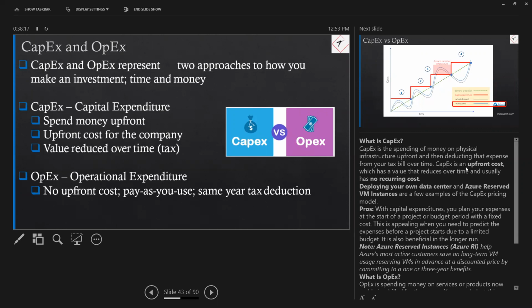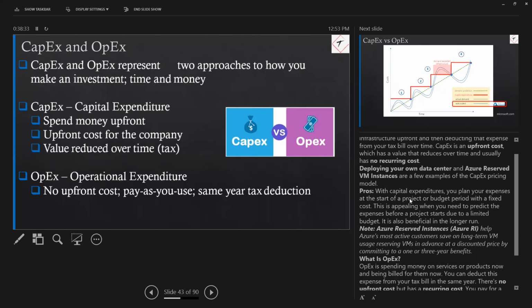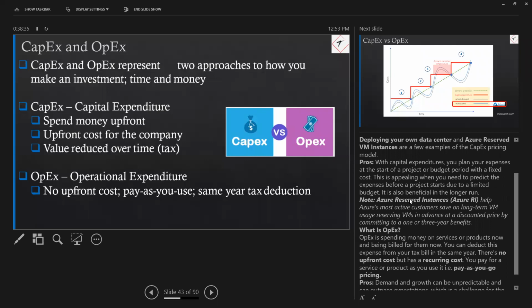Capital expenditure is an upfront cost which has a value that reduces over time and usually has no recurring cost. Deploying your own data center and Azure reserved VM instances are a few examples of capital expenditures.